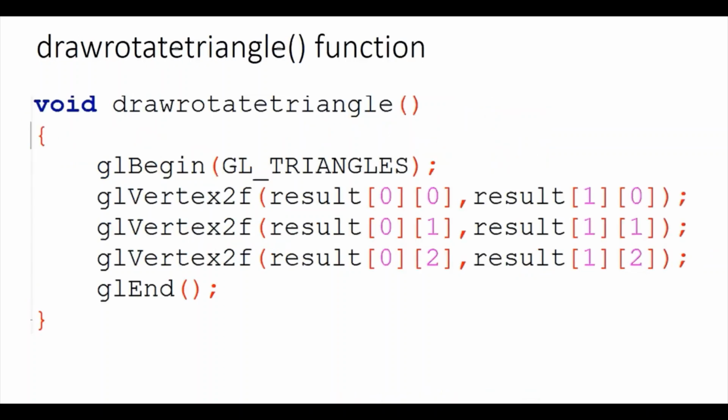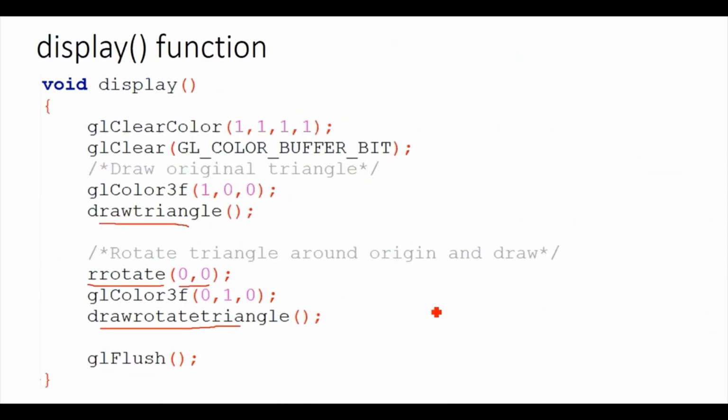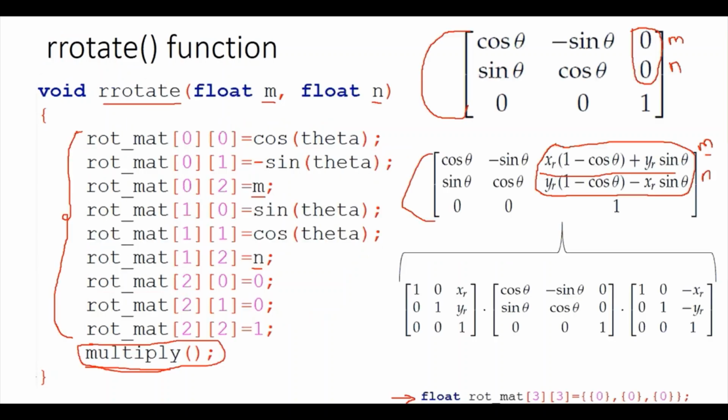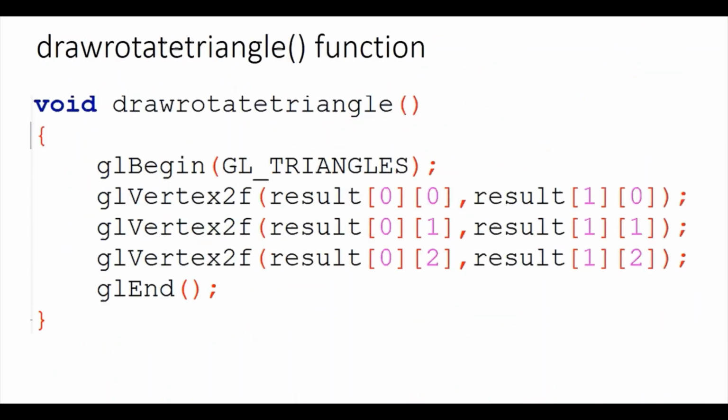Now GL rotate triangle. So this is about rotate. This rotate also performs multiply. After rotation, I am setting my color to green and then I'm calling the function draw rotate triangle. What is this draw rotate triangle doing? Draw rotate triangle is similar to our draw triangle, but instead of the triangle matrix, it draws the result matrix. What is this result matrix?